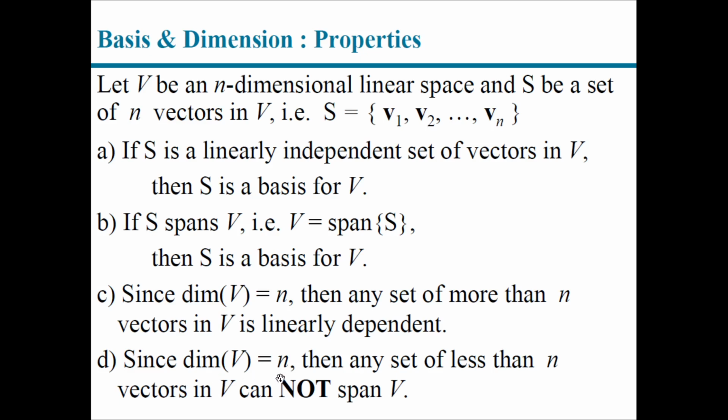Also, a linear space of dimension n cannot be generated by fewer than n vectors. The meaning of dimension n is that we have n people in a basis. Those people are linearly independent and we require n of them to generate the entire space. If I have fewer than n, even though they are linearly independent, I cannot generate the entire space.